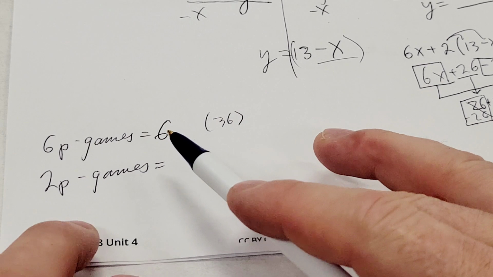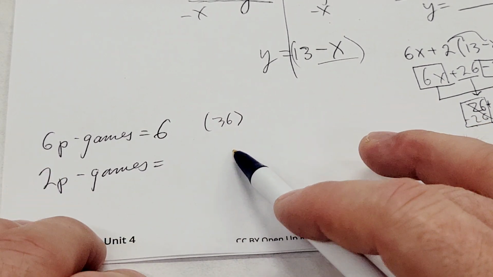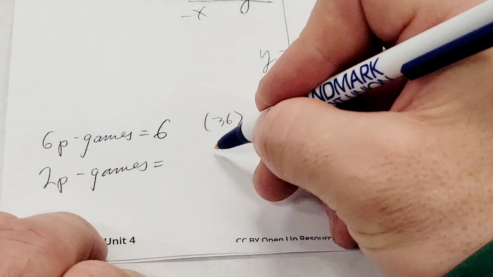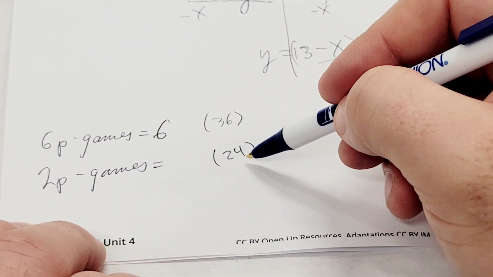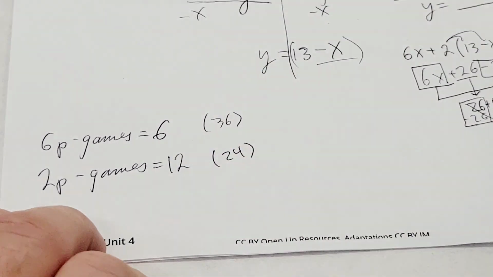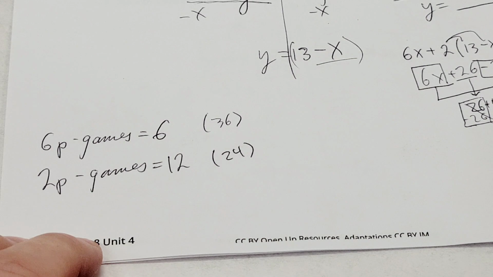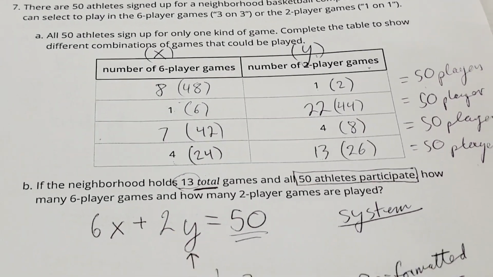If I have 6 6-person games, that's going to be 36 players, which is going to leave me with 24 players left to play 2-player games. So 24 players playing 2-player games would be 12 games. So I can solve it that way. That's just kind of like logically solving it, the same way we did that math up here in the table.